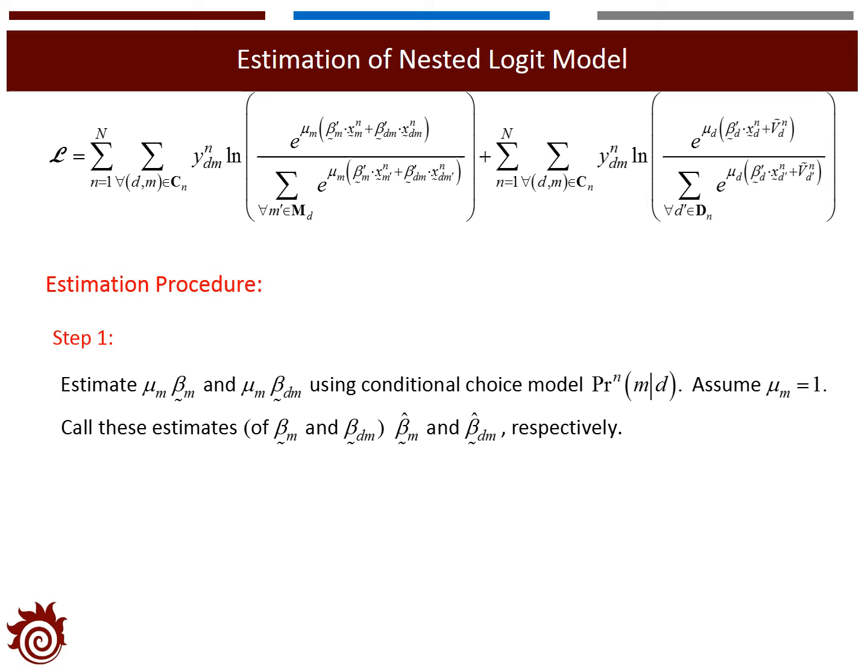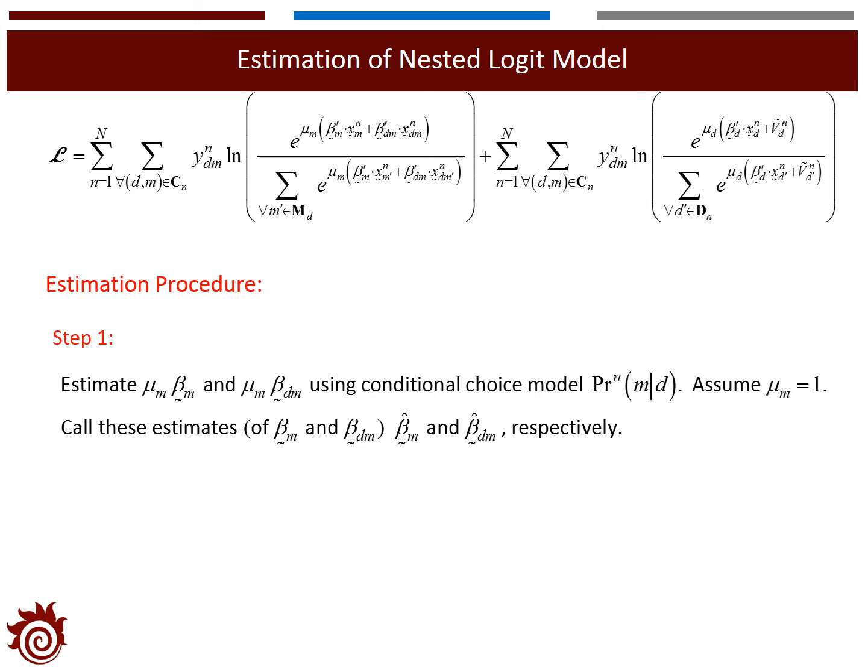First, we need to estimate mu m times beta m and mu m times beta dm using the conditional choice model, the probability of m given d. And here we assume that mu m is 1.